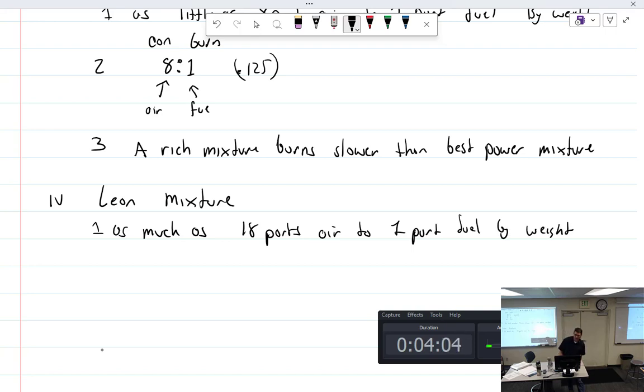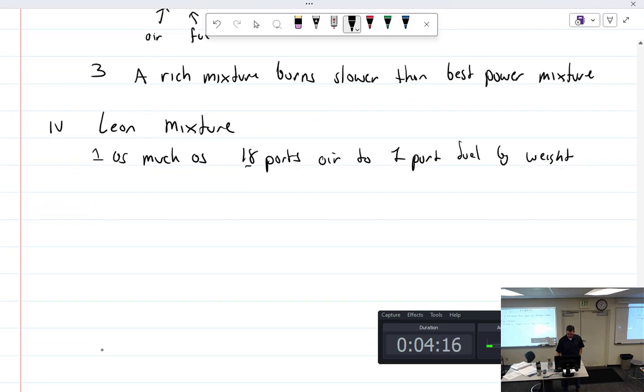Now, I know this 18, some books have it different. I think some books have 16. I like to stick with the 18 because it makes it easy to remember. There's an 8 over there and an 8 down here. So it's 8 and 8. I think it makes it way easier, so I go with the one that's easier. So that's 18 to 1. 18 parts what? Air. That's a good thing. It's 0.055.